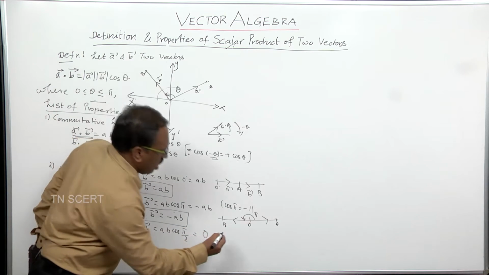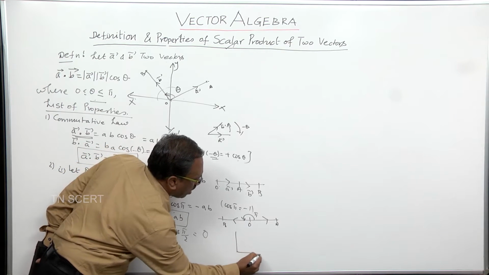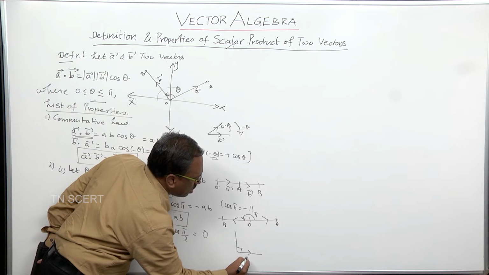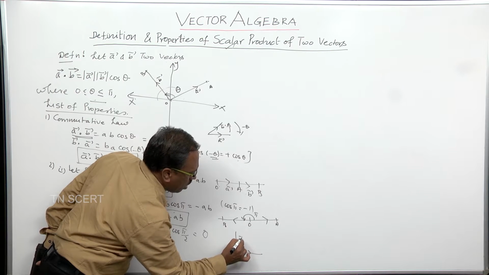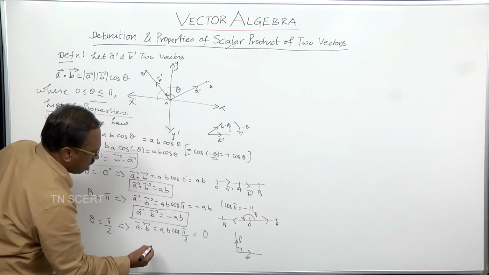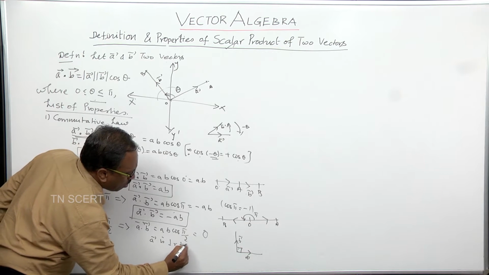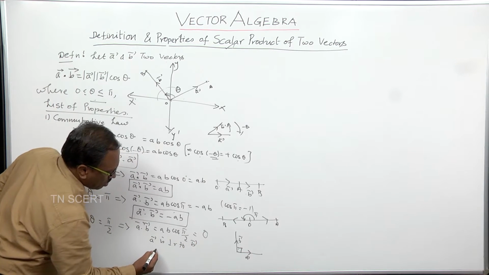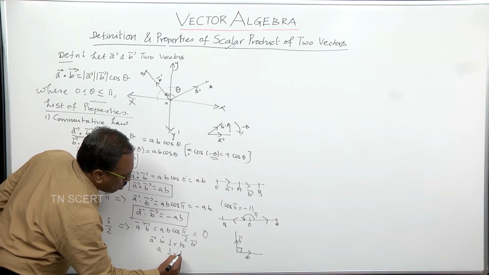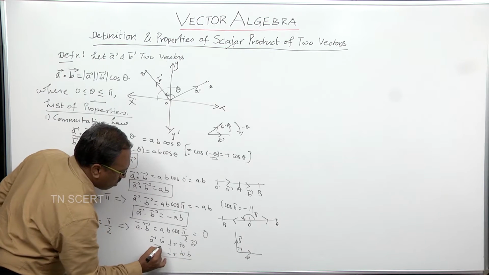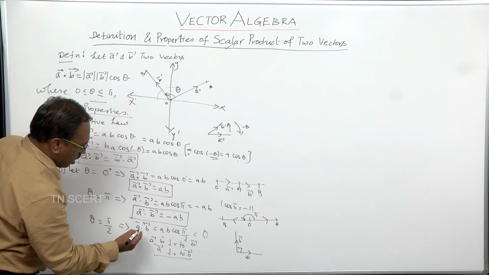Here is one vector, here another vector, this is A, this is B, they are perpendicular, so A is perpendicular to B.